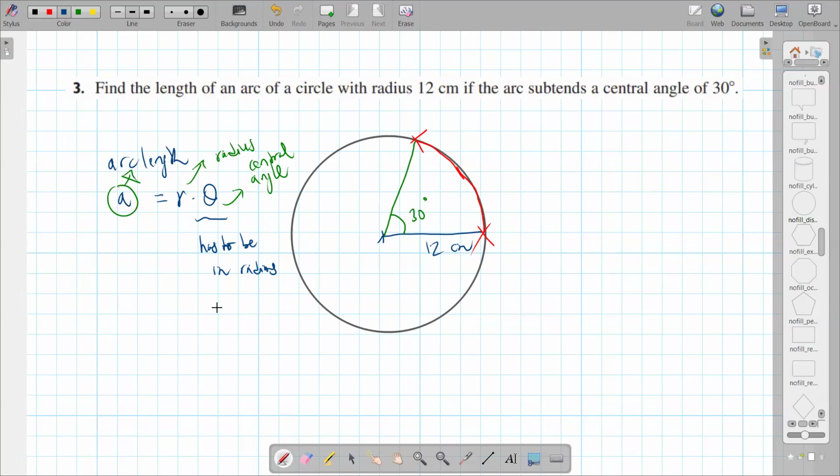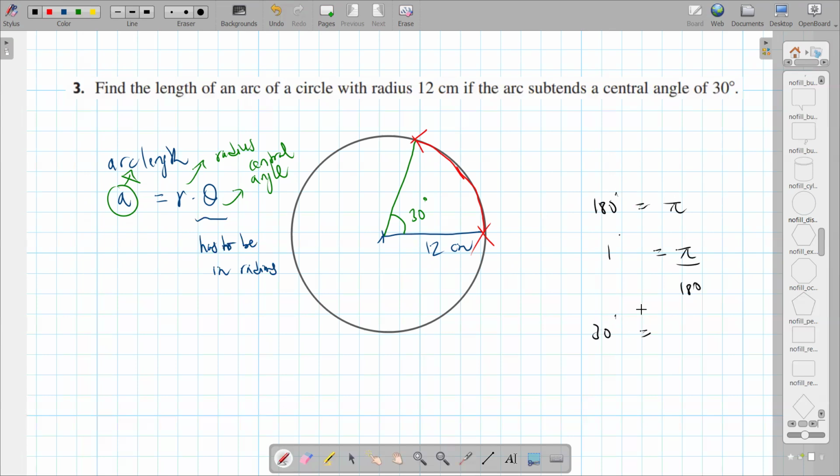Most things you're going to use radians, but there's still a few formulas where it only works with degrees. And this is one of them where it only works with radians. So to use this, we have to first find what our angle is in radians. This is the conversion factor: 180 degrees is pi, so 1 degree is pi over 180 radians.